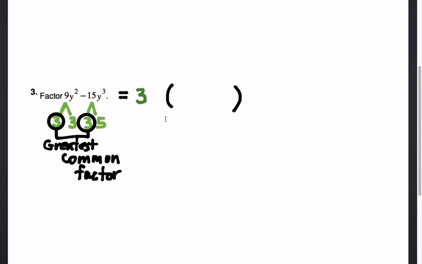So going along with the theme of factoring being the opposite of FOILing, we need to figure out, if we were to go backwards, if we were to redistribute and multiply, we should get back to the original expression that we started with, 9y squared minus 15y to the third. So with that in mind, what coefficient does the first of the terms inside these parentheses need to have in order that when we go backwards, it becomes 9y squared? It needs to be a 3.